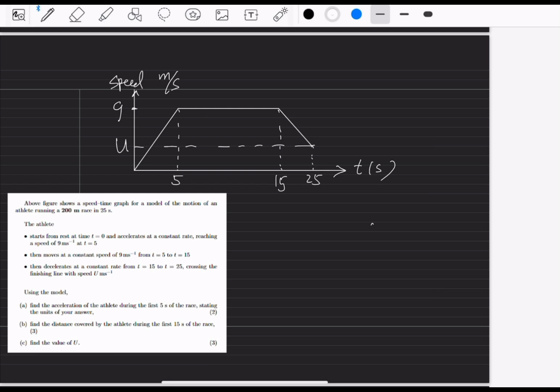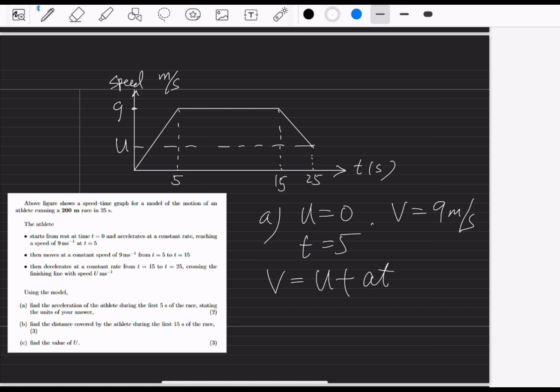So let's solve this first part of the question first. We know the initial velocity is 0, and the final velocity in the first 5 seconds is 9 meters per second. We also know t equals 5. We can now choose the correct formula, v equals u plus at, to find the acceleration.